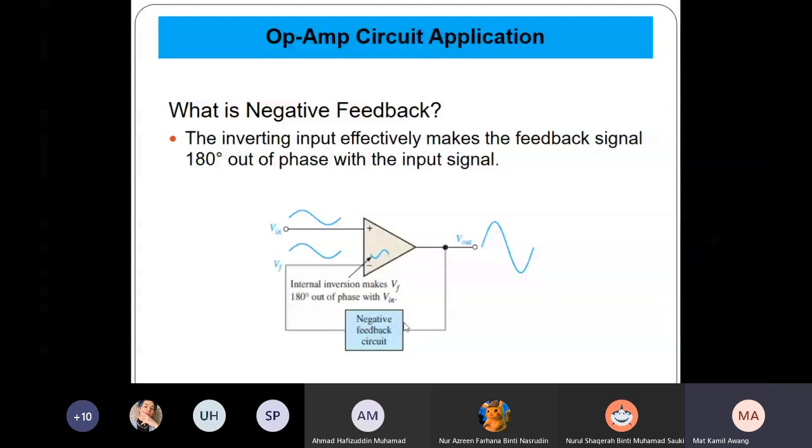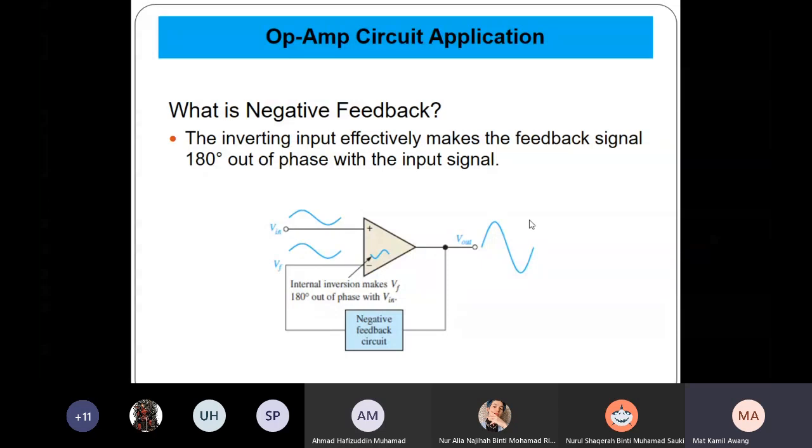So this is part of the negative feedback. In negative feedback, you have certain circuitry, maybe resistance circuits or even RC circuits. In this lecture, we use a lot of negative feedback in our applications.